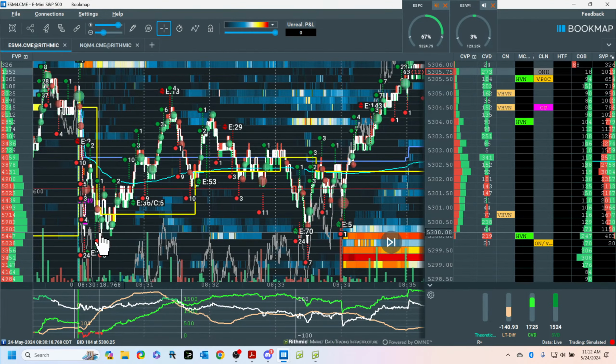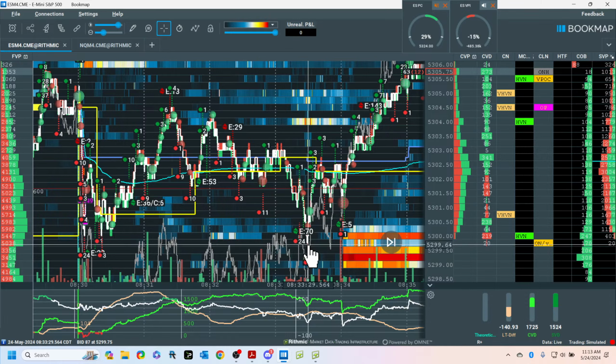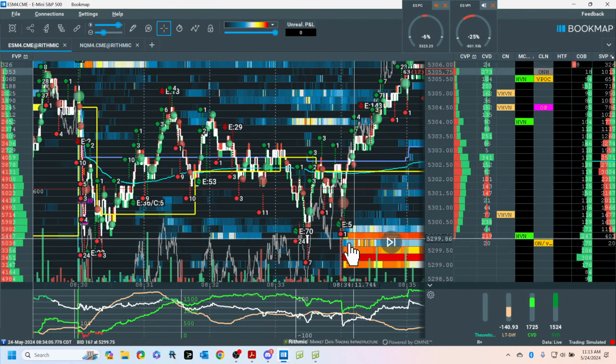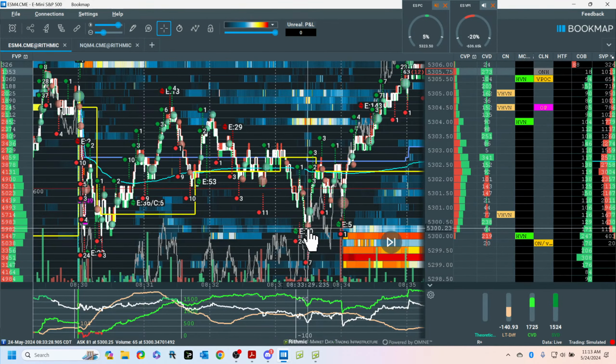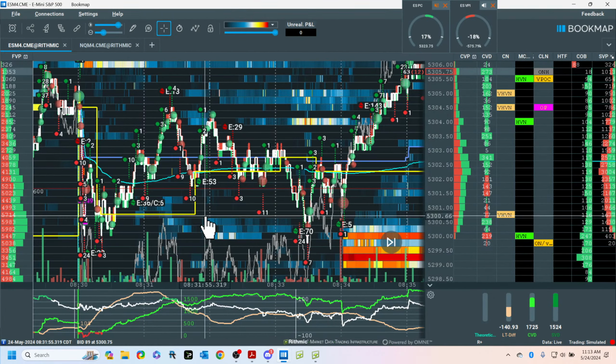So right here, remember, overnight volume point of control, right? Break down right here. Check, right? Watch the book. So right here, I should say, variable high volume node.